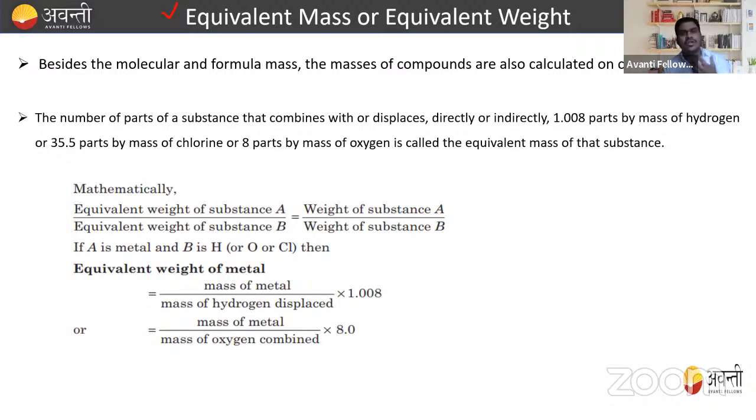Besides the molecular and formula mass, the masses of compounds are also calculated on a comparative basis, right? For covalent compounds, we can find molecular mass. Similarly, for ionic compounds, we can calculate formula mass. But the masses of compounds are also calculated on a comparative basis.